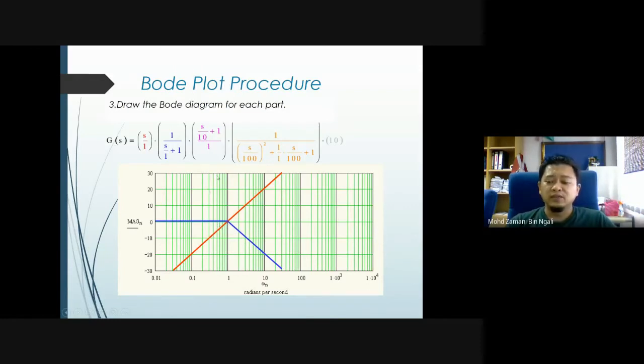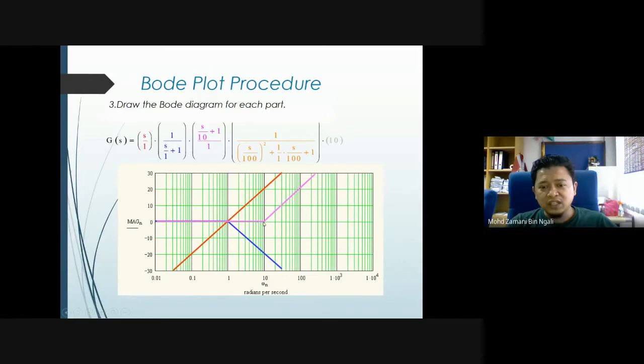We look at the third line, which is this magenta line. It is in the numerator, so we know that the slope is upward, and it is only S to the power of 1. So it's 20 decibel per decade, the same slope as this one. Where it starts going upward is from 10. So it starts from 0.